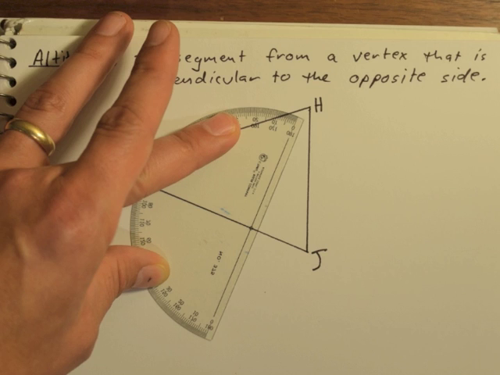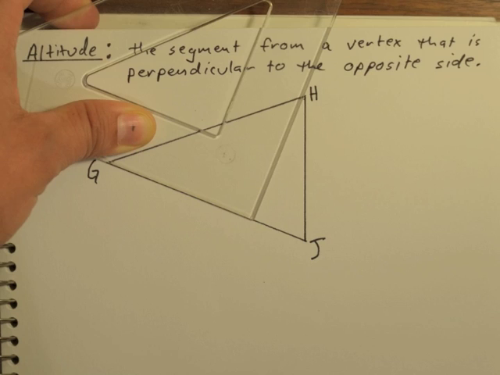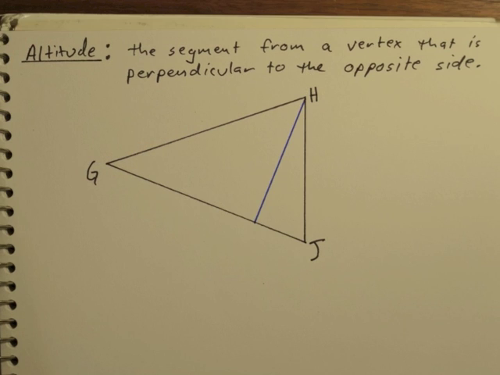You can see the protractor is just slightly too small. I want it to reach all the way up to point H. So instead I found something else with a right angle on it. I've got this plastic triangle, and I see I can match up to point H perpendicular to GJ. So that's one altitude from H.